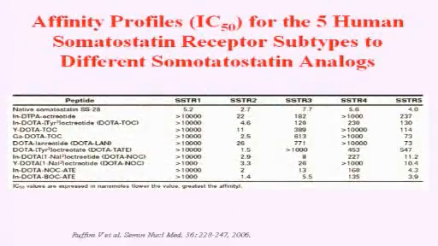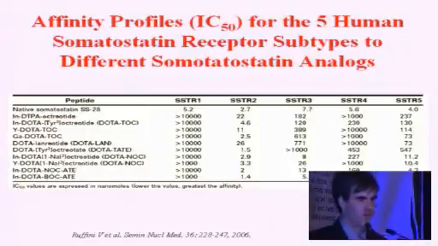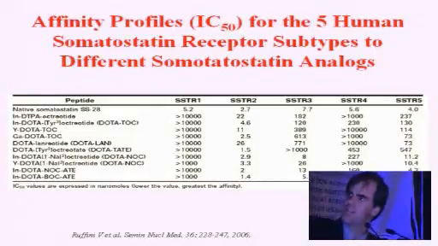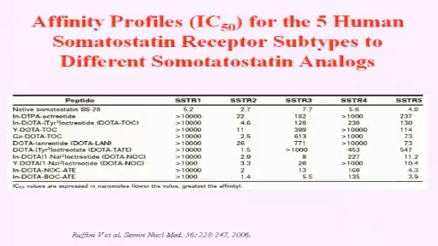The affinity profile for the 5 different subtypes can be summarized in this table. Here we see octreotide. The lower value means higher affinity. Please take note that there are other radiopharmaceuticals in development, including one labeled with gallium-68, DOTATOC, which has almost 10 times higher affinity for the type 2 receptors.